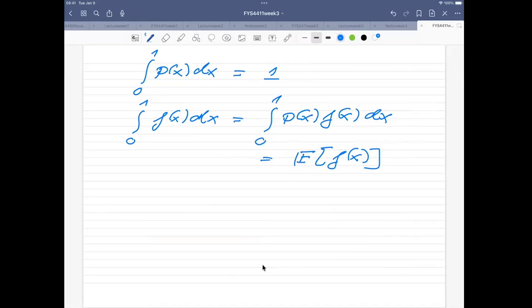Another function which is very interesting for us is called the cumulative function.